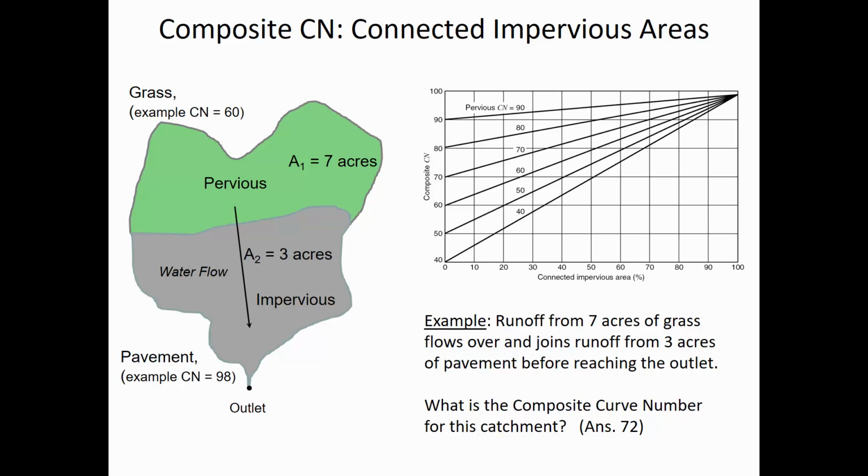We can look up a composite curve number using a table like this, or you can just do the same method that we did before, a weighted average of the curve numbers. In this case, if we had 7 acres of grass and 3 acres of pavement, then for the connected impervious area, the weighted average would look like 3 acres of 98.